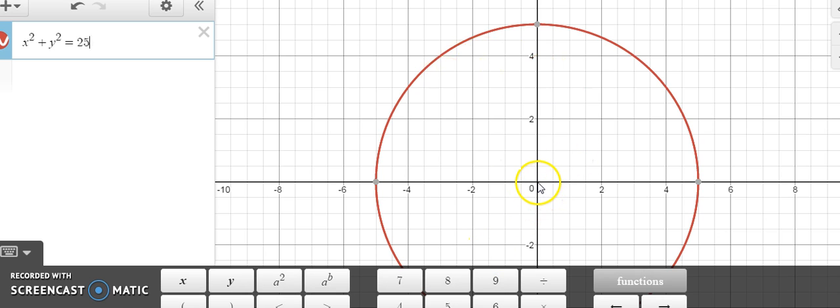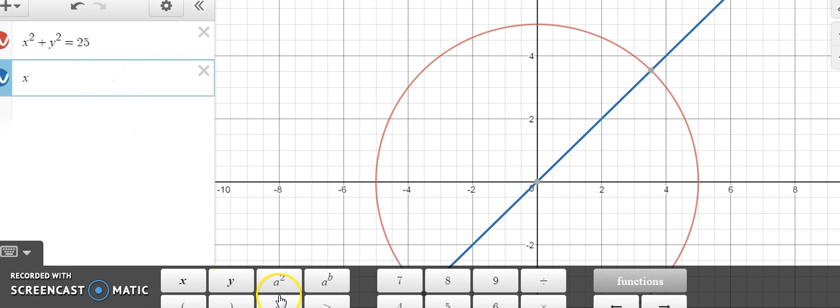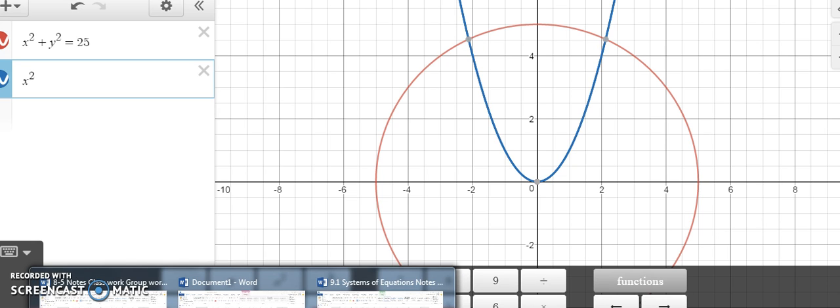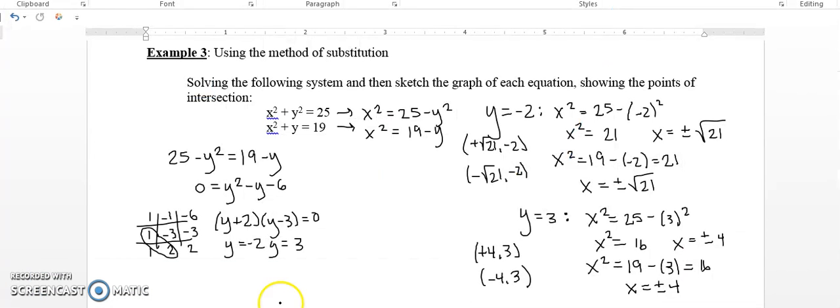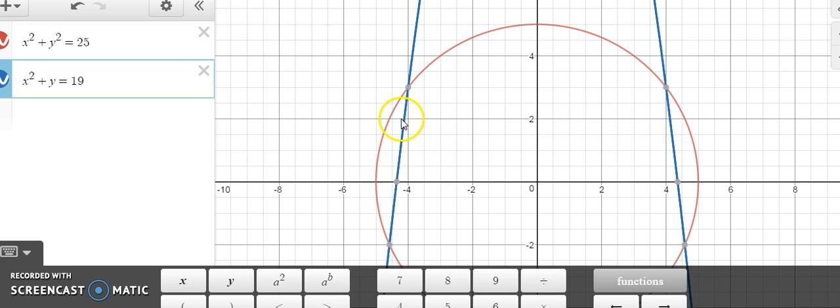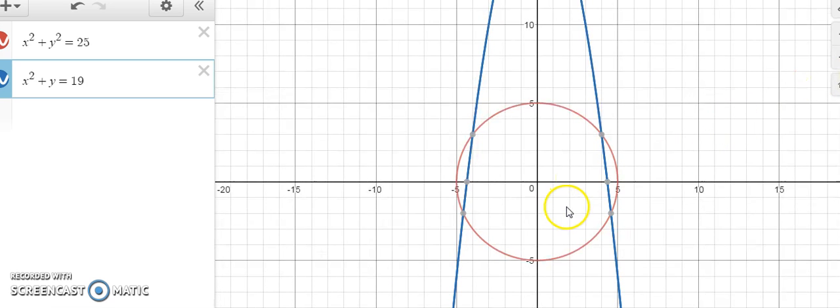It has its center at the origin, and its radius is 5. The second equation was x squared plus y equals 19. All right, so I'm going to zoom out. And so we have a circle, which is the first one, and a parabola, that's the second one.